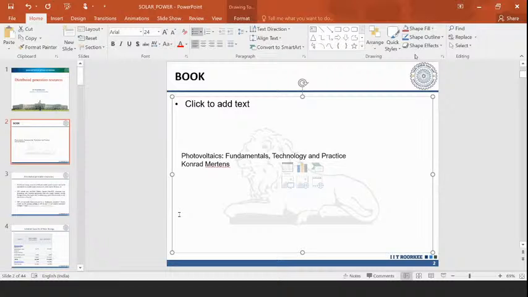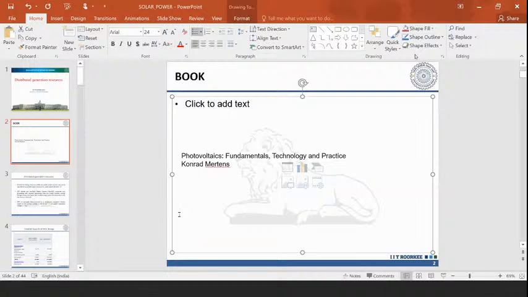Some basics are provided in this book. It will be easier for all. Another book you can note is The Solar Energy System by Professor Solanki from IIT Bombay. He has also written a good book on solar photovoltaics. Many books are available. You just type photovoltaics basic fundamentals books, and many will come.